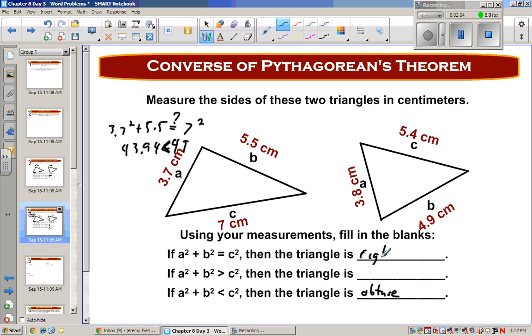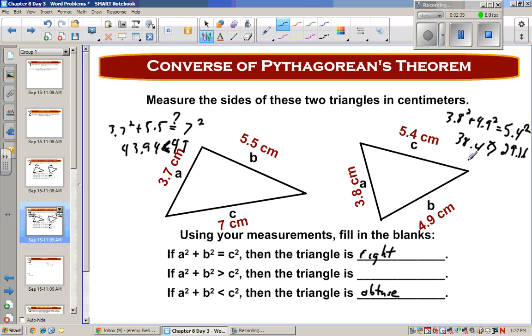Now if we did an acute triangle and we did 3.8 squared plus 4.9 squared and saw if that equaled 5.4 squared: 3.8 squared plus 4.9 squared equals 38.45, and 5.4 squared is 29.16, so that's greater than.